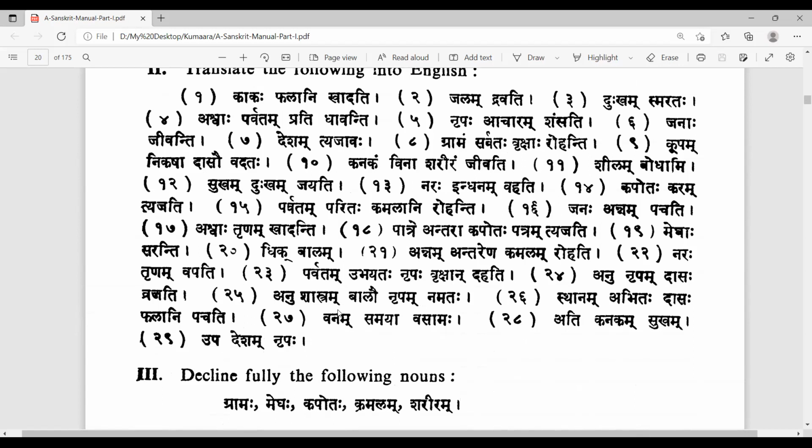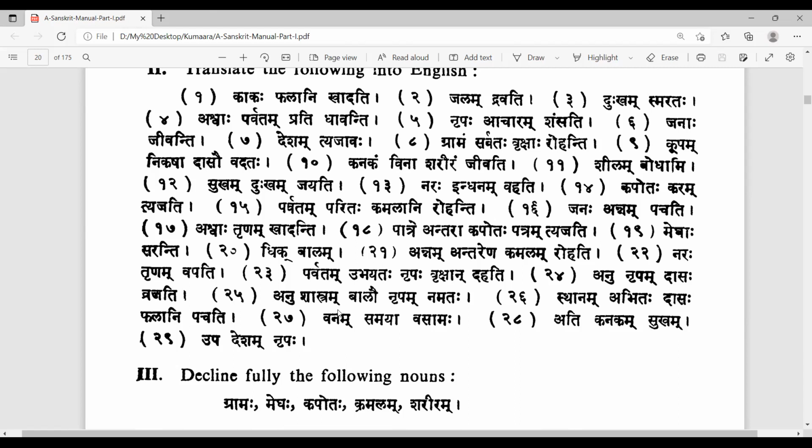Sthanam abhitaha. Shall I continue? Yes. Sthanam abhitaha dasaha palani pachati. Kaha pachati, dasaha pachati. Dasaha kani pachati, palani pachati. Sthanam abhitaha pachati. So the servant cooks the fruits near the place.